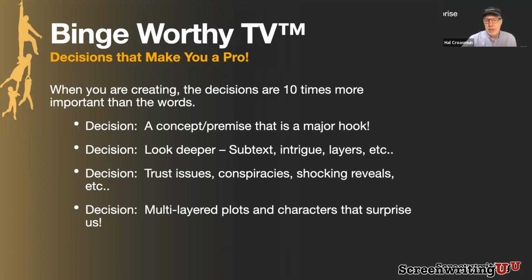And it might be the multi-layered plots that you build, the characters that surprise us. But I'm telling you, in the first module of this program, you are going to create 50 important decisions. Those are 4 of them, right? And those key decisions are what is going to make your show great.